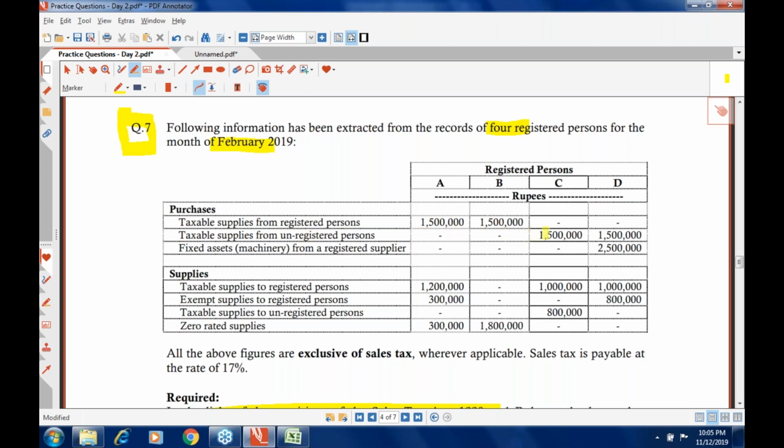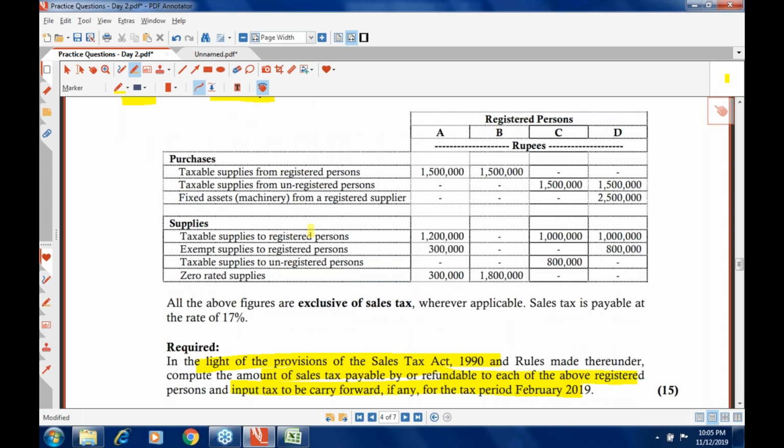Taxable supplies from unregistered person, this fixed asset from a registered supplier. It says taxable supplies to registered person, exempt supplies to registered person, taxable supplies to unregistered. All above figures are exclusive of sales tax.